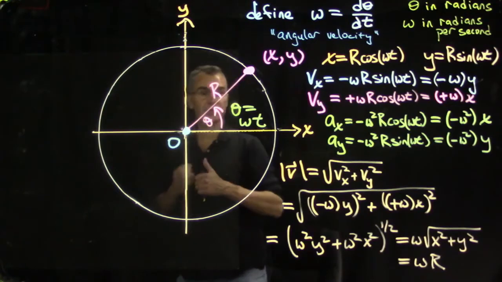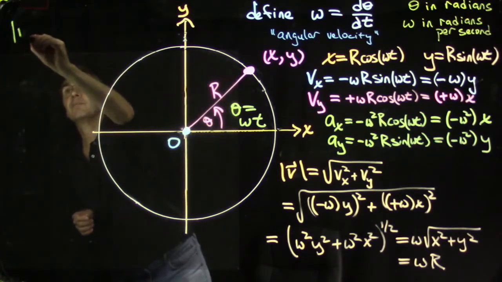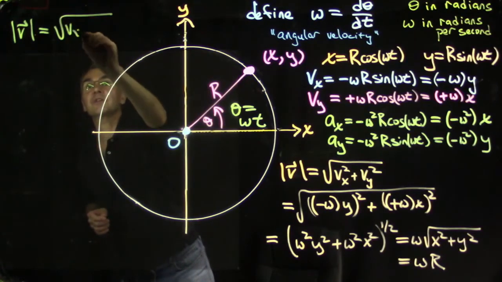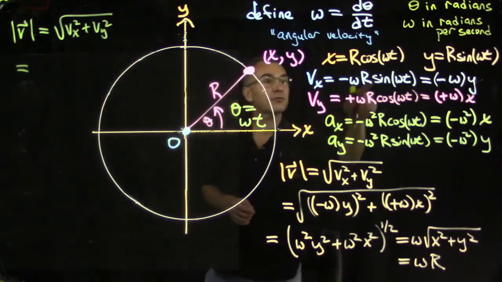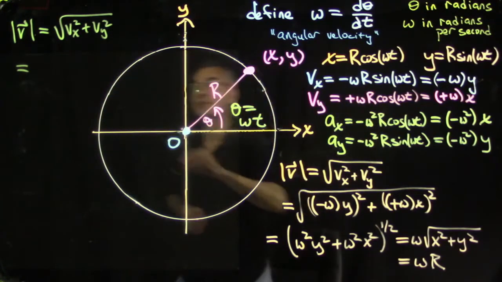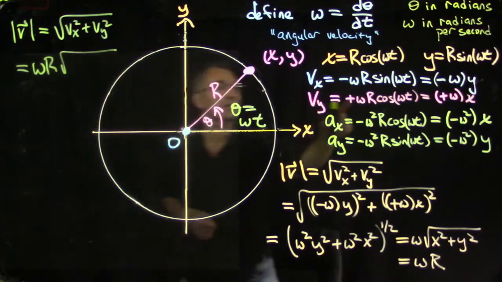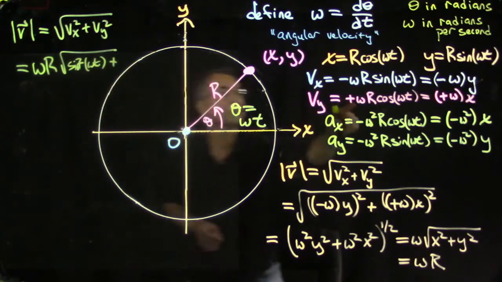There's another way to see that same thing. So we can say that the magnitude of the velocity vector is the square root of vx squared plus vy squared. And we can see that there's a factor of omega r in each one. So that's omega r times the square root of sine squared omega t plus cosine squared omega t.